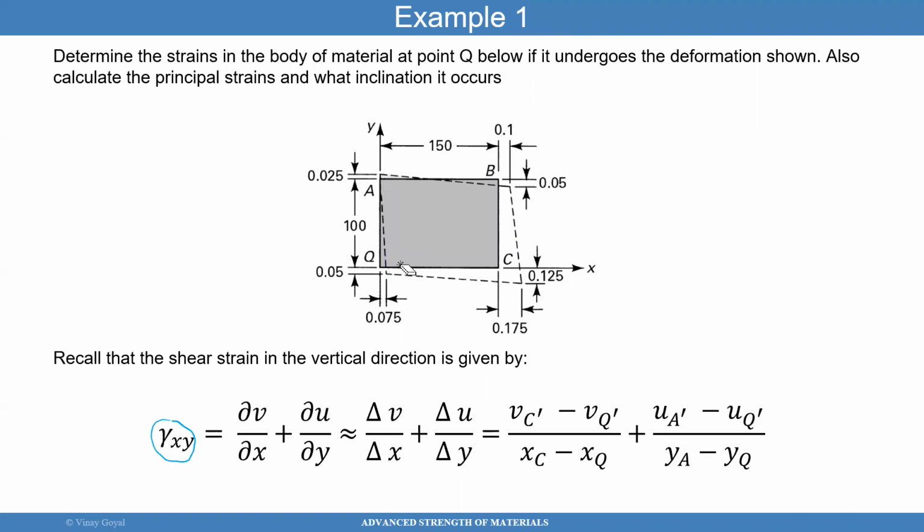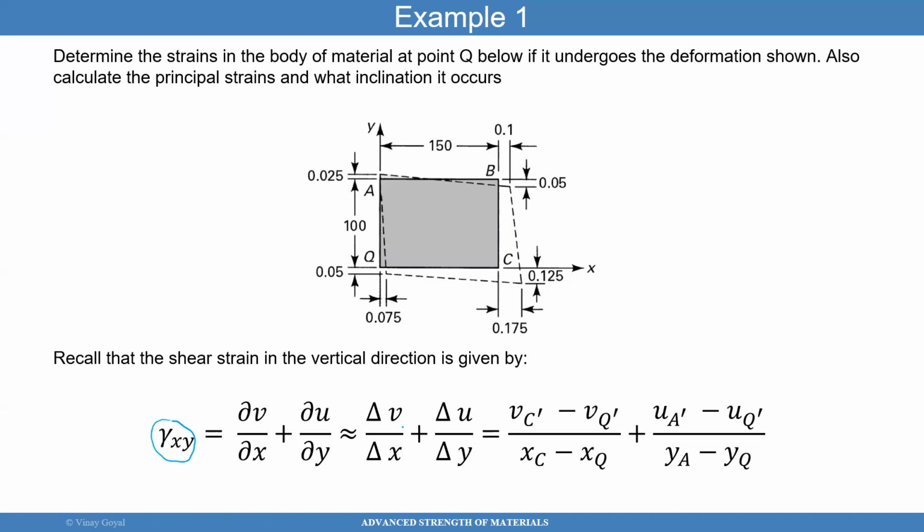That's what it represents. So partial v with respect to x plus partial u with respect to y is approximately equal to the change in v, the relative deflection, divided by delta x, plus the relative change in u divided by the change in y. And so here I want to be careful.